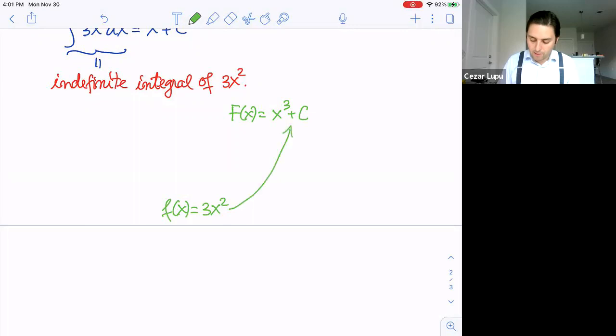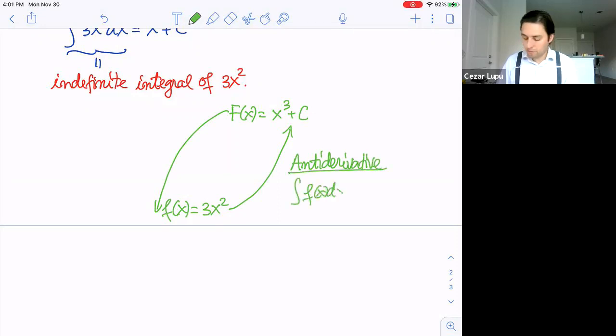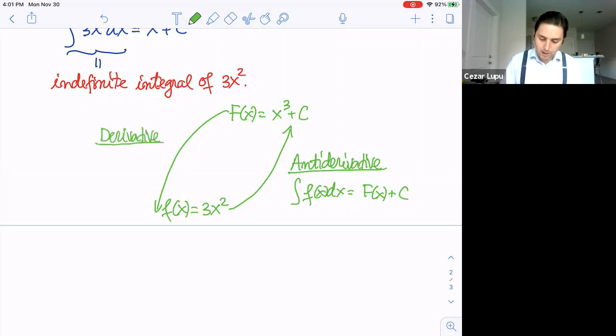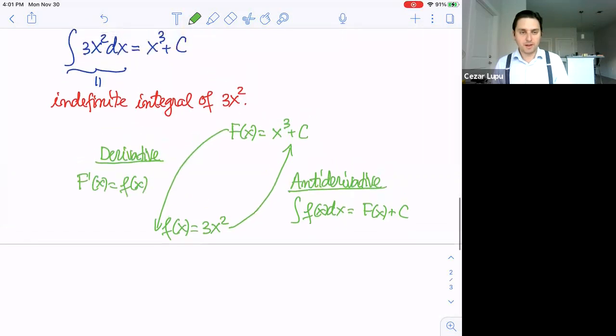So when I go from here to here, this is the antiderivative, which is the integral of f of x dx. And this will be capital F of x plus a constant. And from capital F to here, we will have the derivative, so we'll have that capital F prime of x is f of x, right? Okay, so that's the picture you should have in mind.